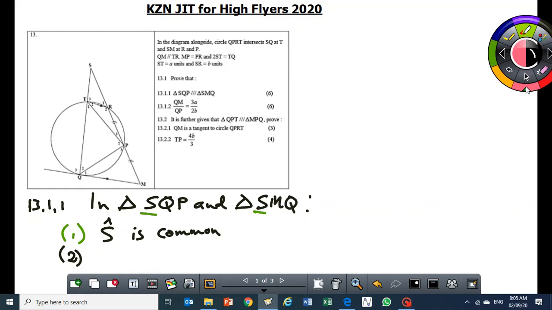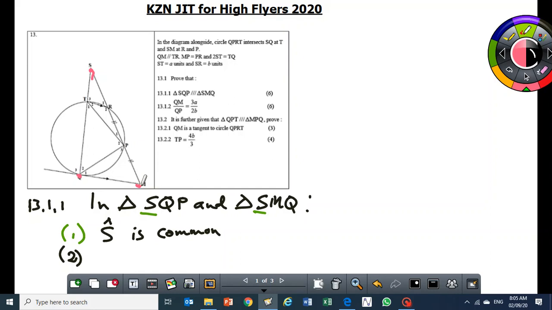So I've got angle S and angle S. So that's the first part, they are common. Then we have triangle SQM, that's the triangle there. And then we have got SMQ, that's the one. Then SQP.